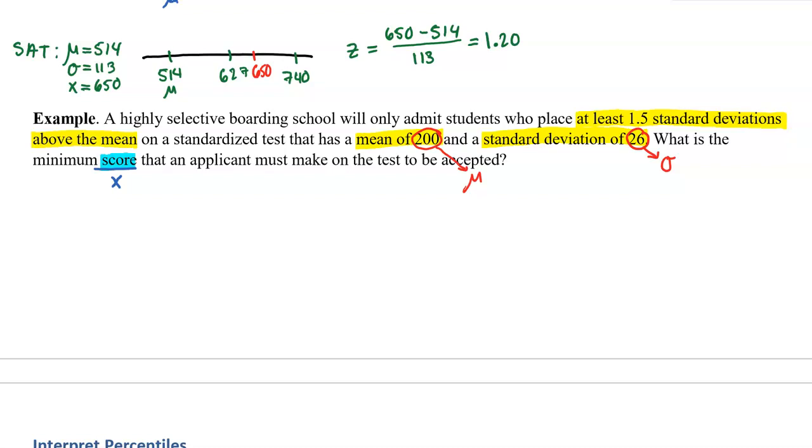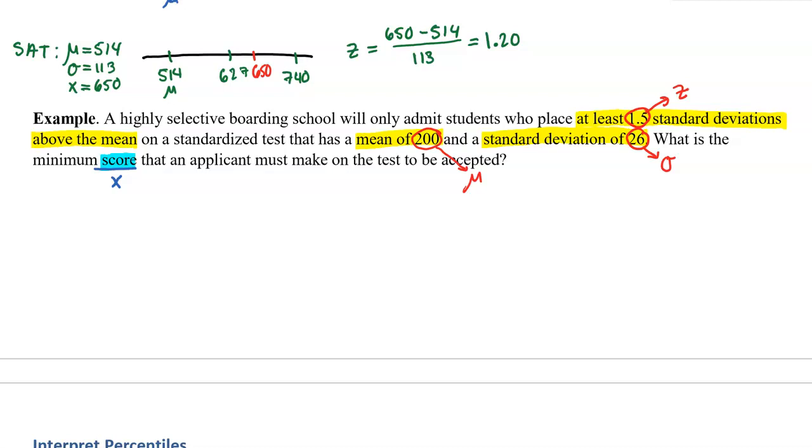Well, if you recall, by definition, a z-score tells you how many standard deviations a value is above or below the mean. So in this case, 1.5 is referring to a z-score. So they give us a z-score, a mean, and a standard deviation, and then ask us to find the x.